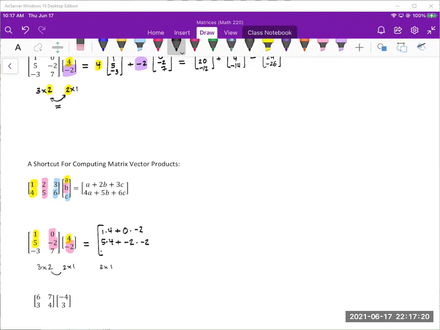And then we'll do -3 times 4 plus 7 times -2. And writing this out, we have 4 plus 0 is 4, 20 plus 4 is 24, and -12 plus -14 is -26.